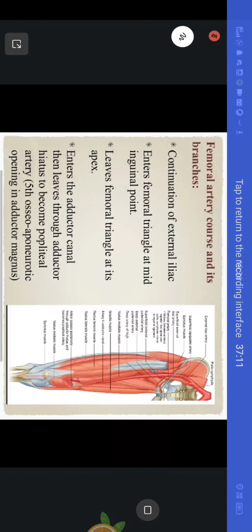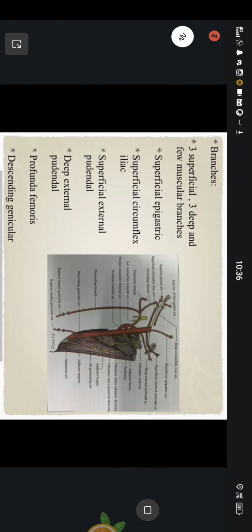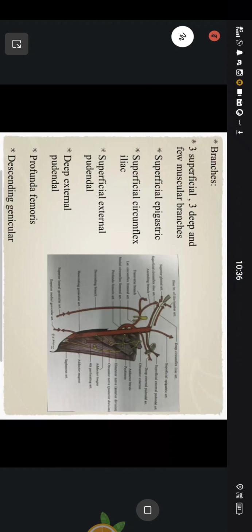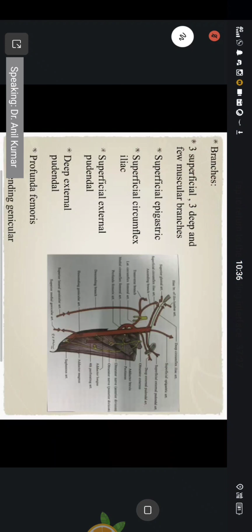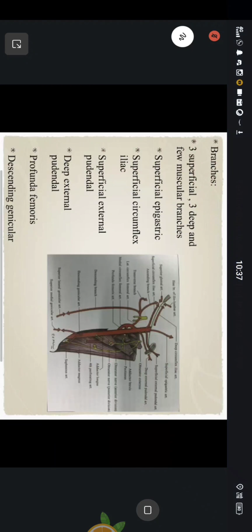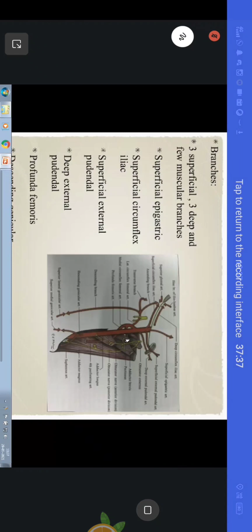This femoral artery gives 6 branches in the femoral triangle. 3 are superficial and 3 are deep. The superficial branches are superficial external pudendal, which goes towards the genital organs medially; superficial epigastric, which runs upwards towards the abdomen region; and superficial circumflex iliac, which runs laterally towards the iliac crest region.